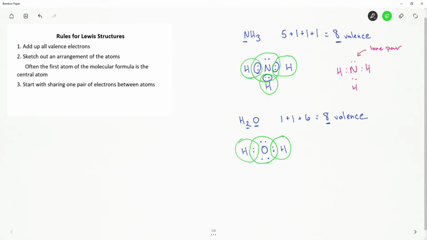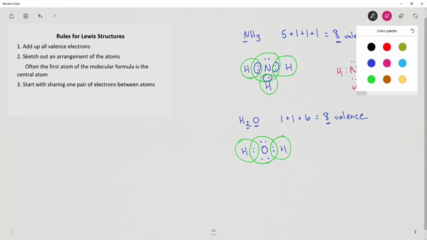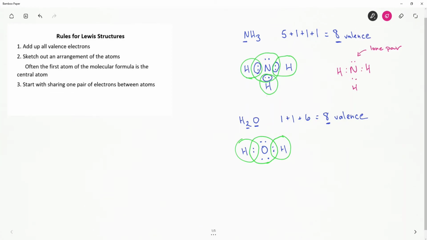And this hydrogen also with 2 electrons also has a full shell. Okay, this looks pretty good. Let's write it out a little neater. Oxygen, it is sharing 1 pair of electrons with each of its hydrogens, and it has 2 lone pairs.